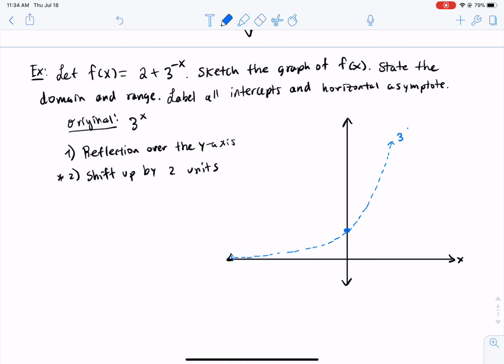So this is 3 to the x. And what do we do first? We reflect this over the y-axis, and this is going to look like this now. This is the first transformation that it undergoes. The next one would be shifting everything by 2 units up.